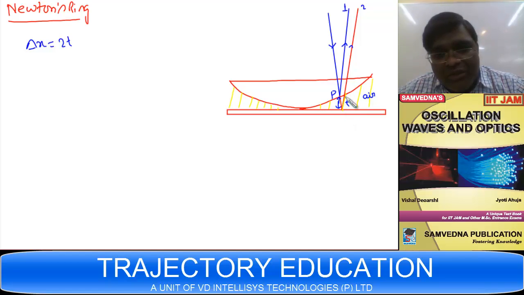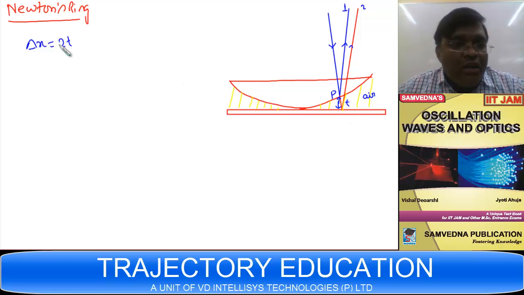So apart from traveling a distance of 2t, it also suffers a phase change of pi, which is equivalent to traveling a distance of lambda by 2. So the path difference becomes 2t plus lambda by 2.